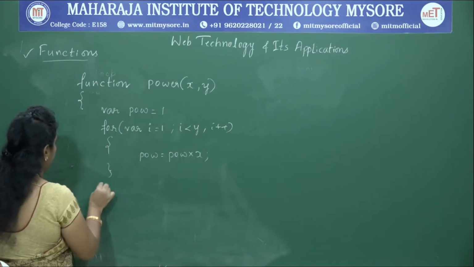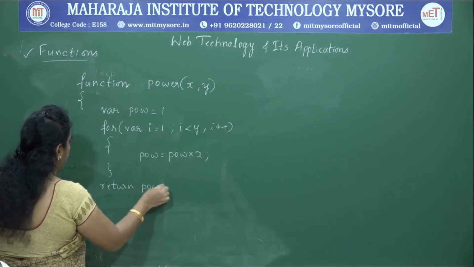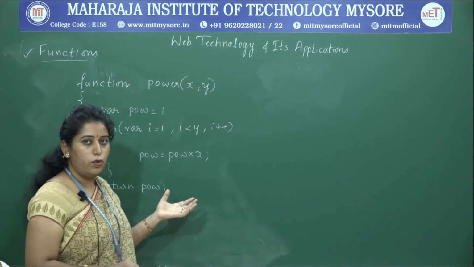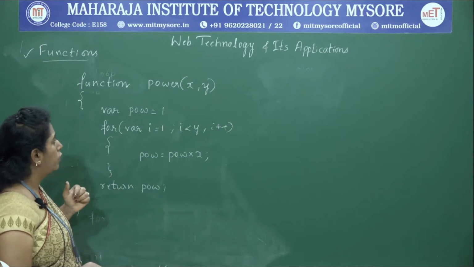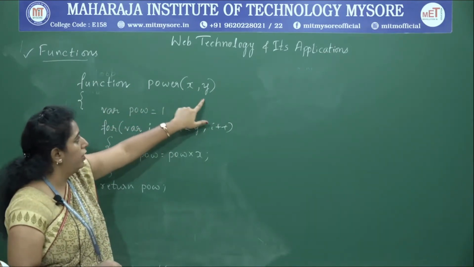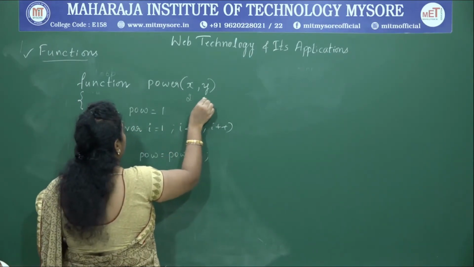Finally return POW. So I have written a piece of code which is going to find the power of x. How is it going to work? This function takes 2 parameters, x and y. Assume x is 2 and y is 3.